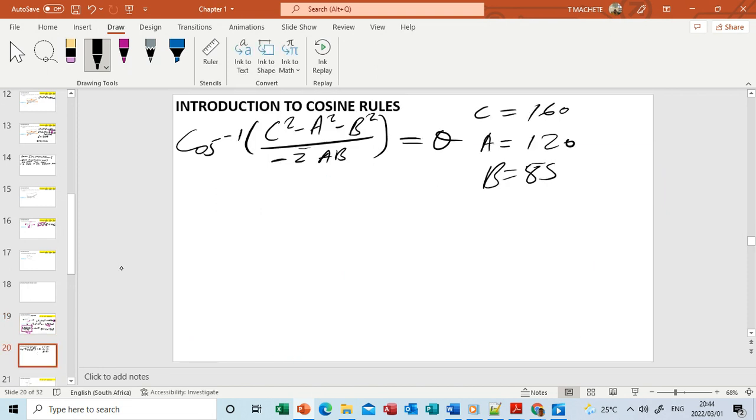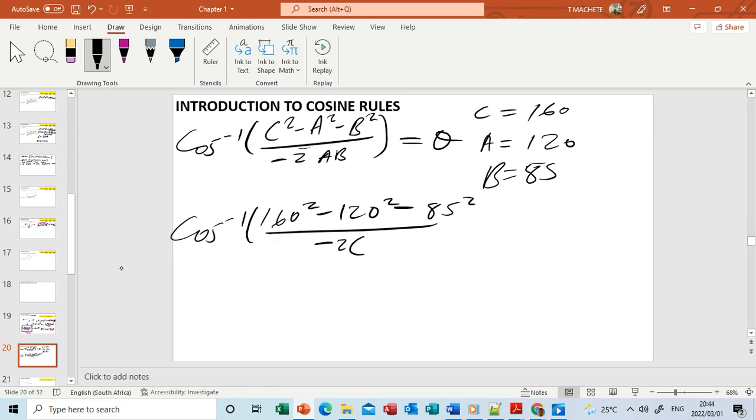So you substitute those values: arc cos of 160 squared minus 120 squared minus 85 squared over minus 2 times 120 times 85 equals theta. Punch everything into the calculator and you get your answer.